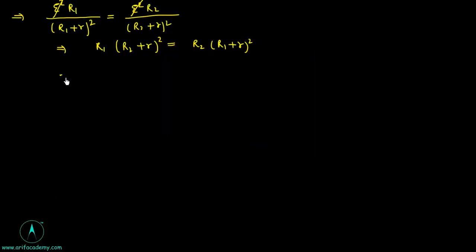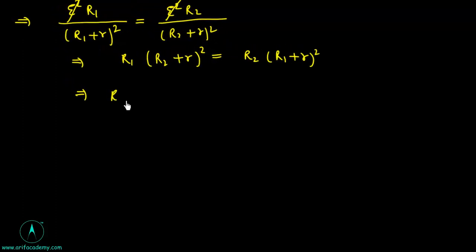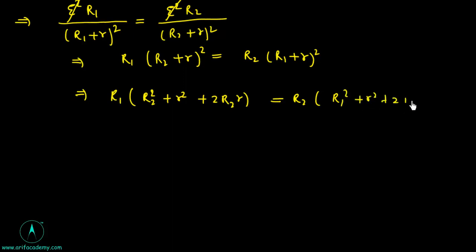So this can be written like this: R1 into R2 square plus r square plus 2 R2 r is equal to R2 into R1 square plus r square plus 2 R1 r.